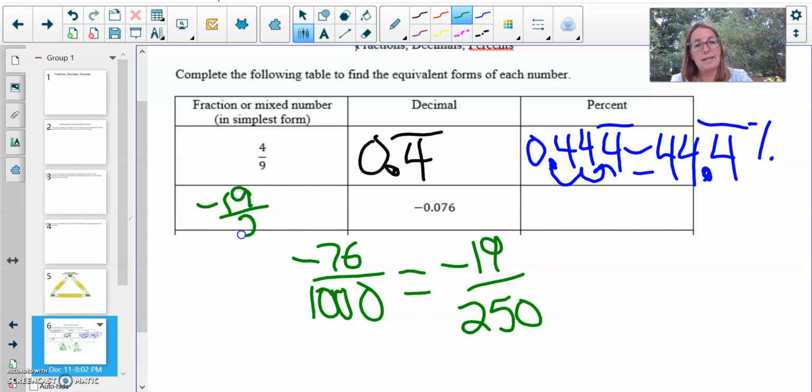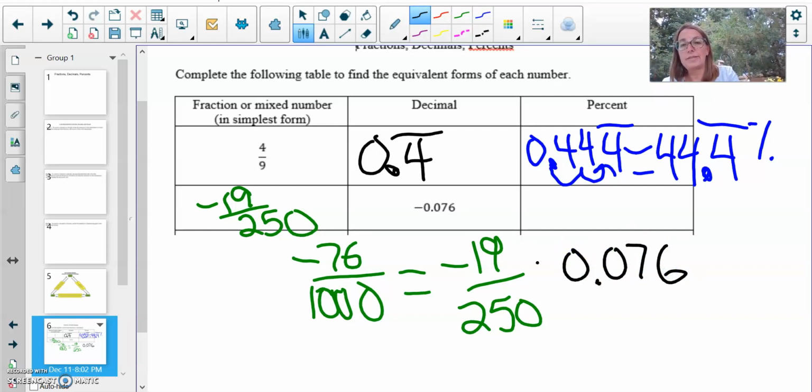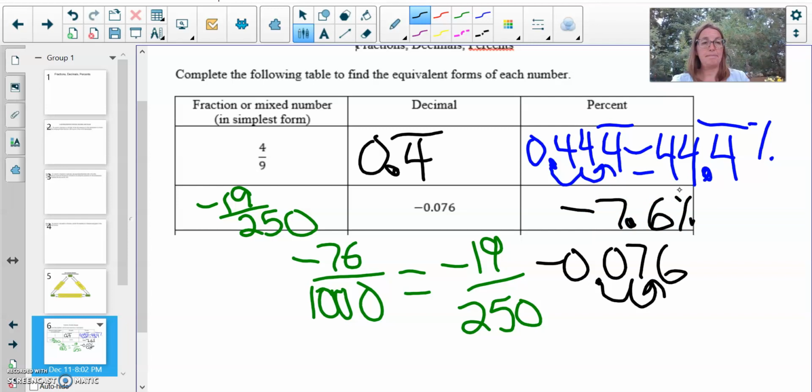So negative 19/250. Changing that decimal now to its percent, I'm moving my decimal, so negative 76 thousandths. I'm going to move my decimal 2 to the right, so it becomes negative 7 6/10%.